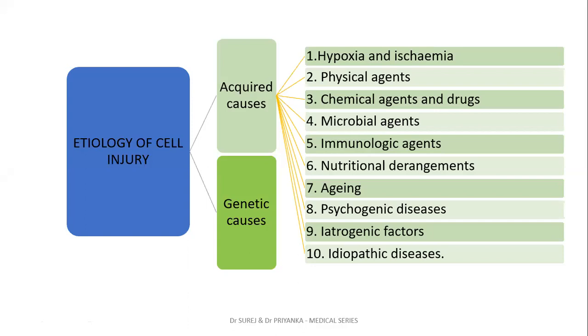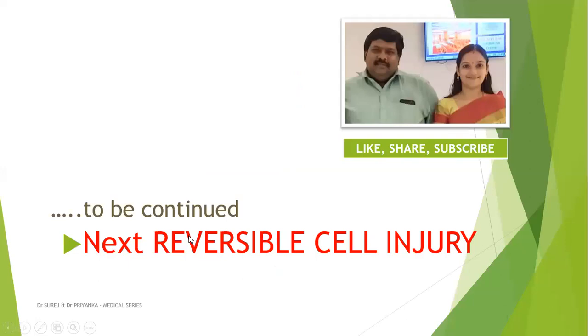These are the causes of cell injury. Due to any one of these causes, the cell injury may progress. We have already told you regarding the responses and other things. Now the next part is reversible cell injury, that we will deal with in the next part.